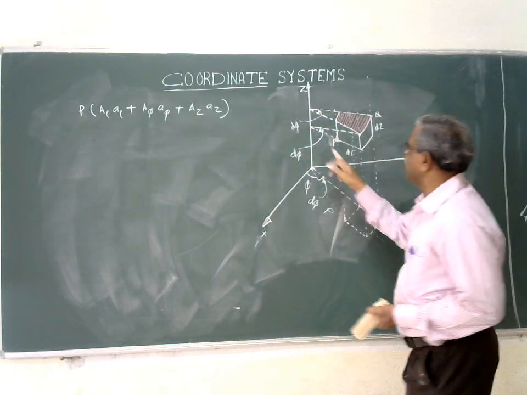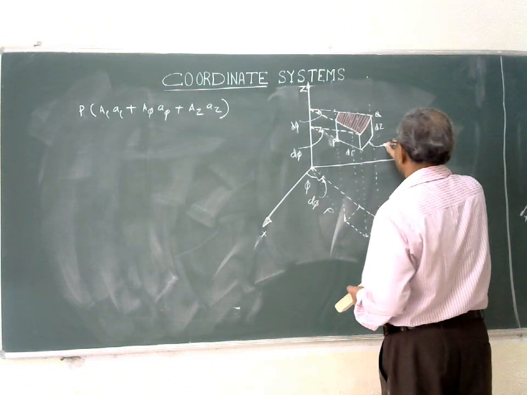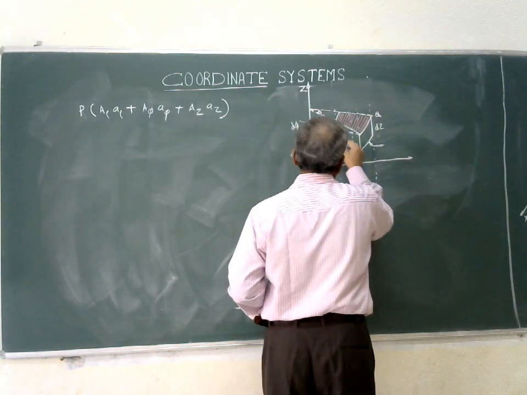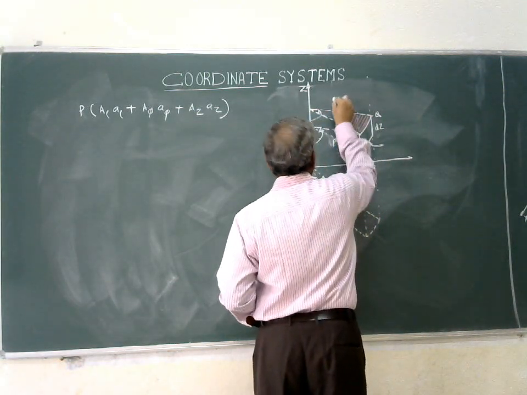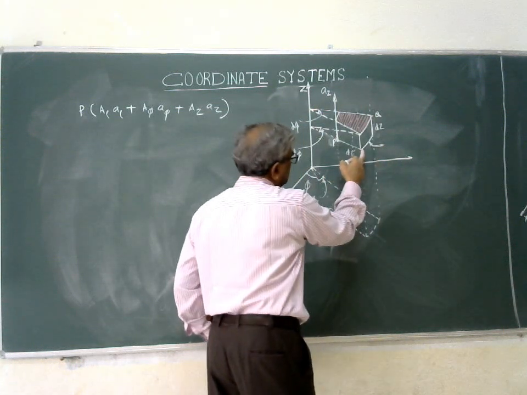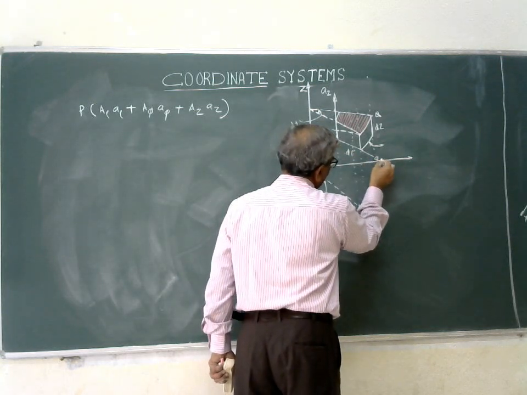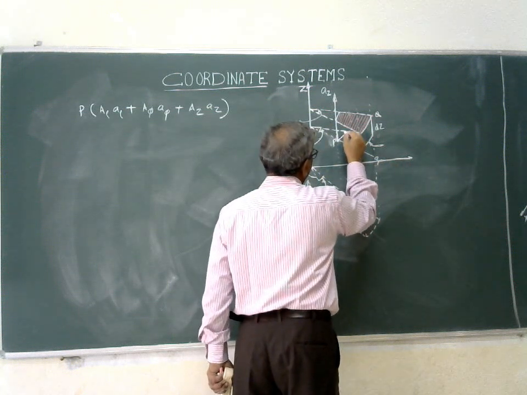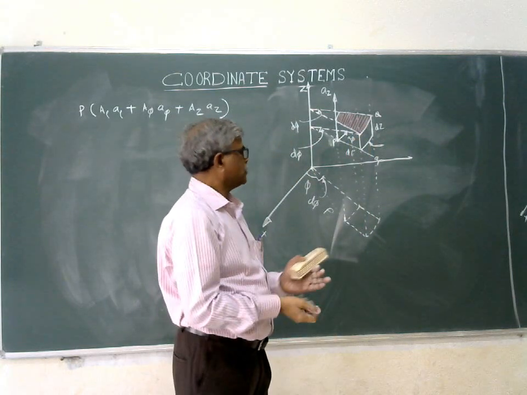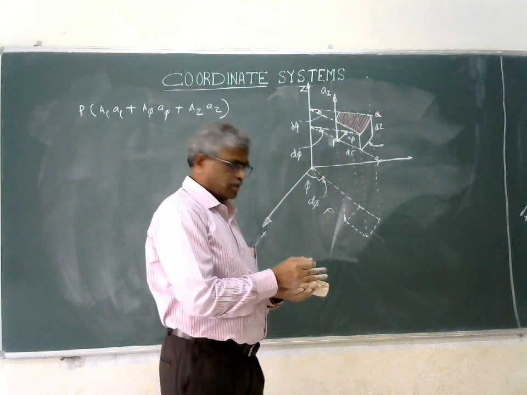The unit directions are: along the z axis it is A z, along the radius rho it is A rho, and this is A phi. These are the unit vectors A rho, A phi, A z. This is one surface.